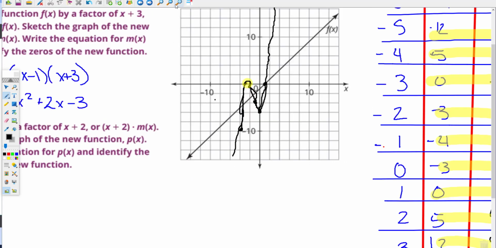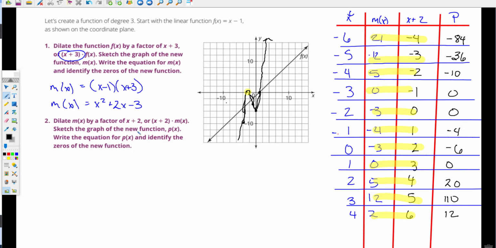Okay. And that was giving us our P of x. And so now we have zeros at x equals negative 3, negative 2, and 1.